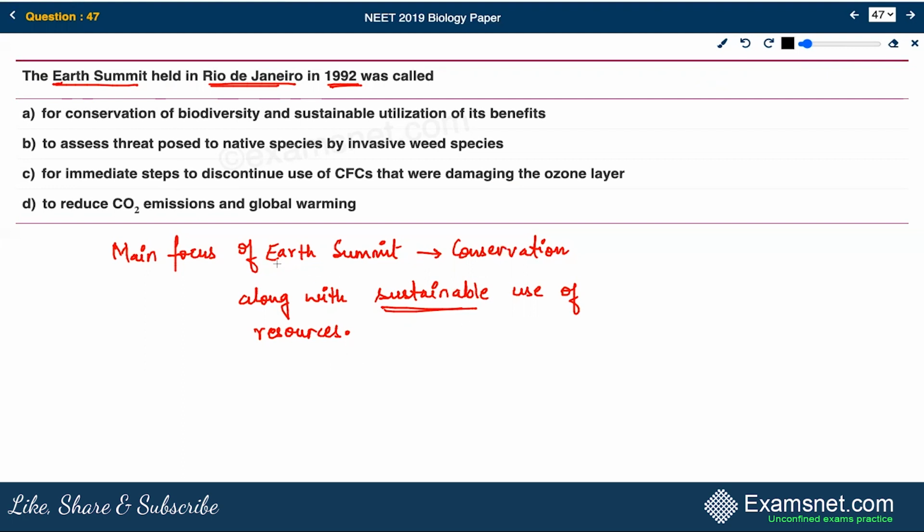So the main focus of the Earth Summit was this only, that means to conserve and also to sustainably utilize the resources.